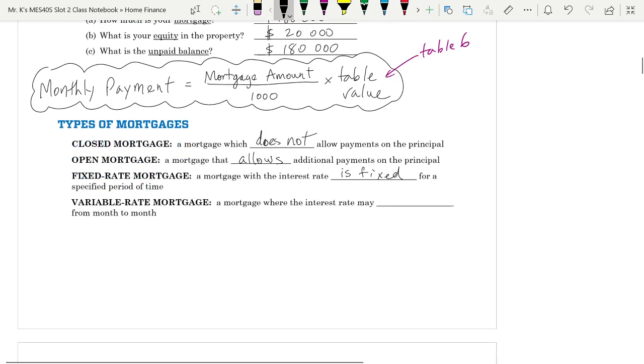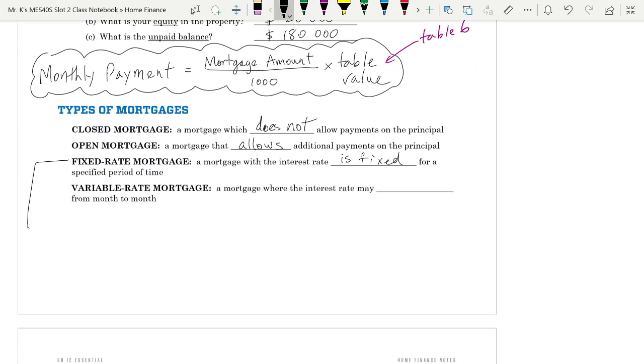And the fixed rate mortgage, I'm going to say, may be slightly more expensive to pay per month.